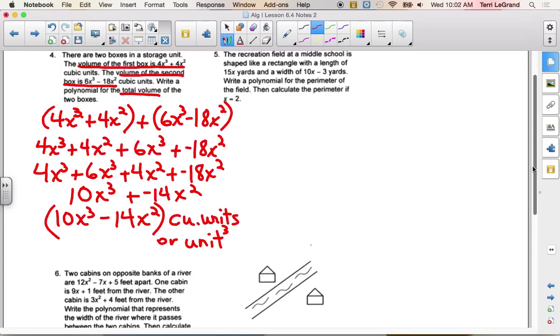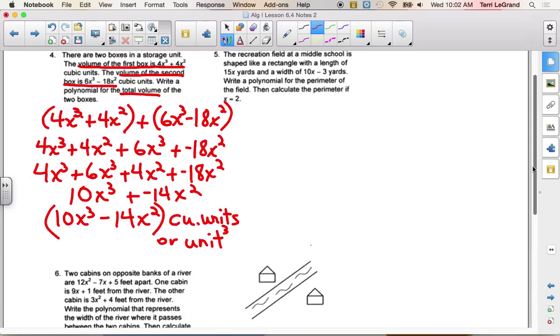Okay, suggestions? Courtney? Write the polynomial that represents perimeter. Okay, how do we find the perimeter of a rectangle?